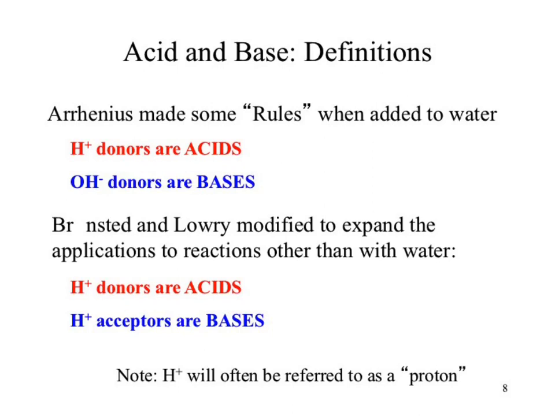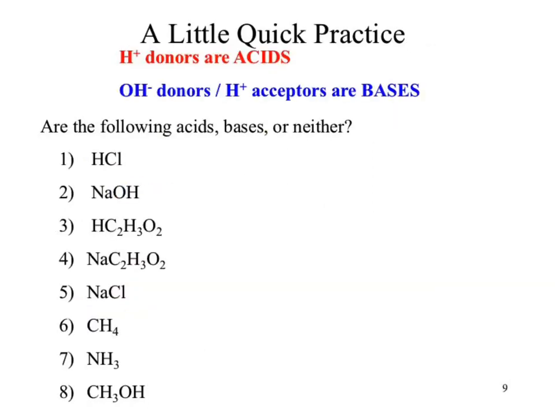Typically, when someone talks about the acid or a base, they're referring to the Lewis definition. I do not use the Lewis definition. There are some questions that pop up in the smart work that reference the Lewis definition. It's not wrong, it's just too broad.